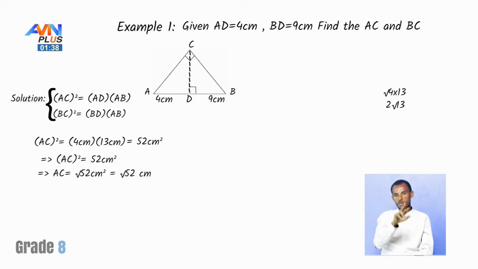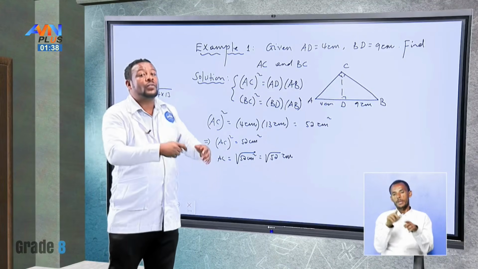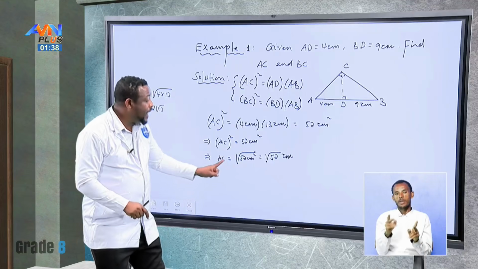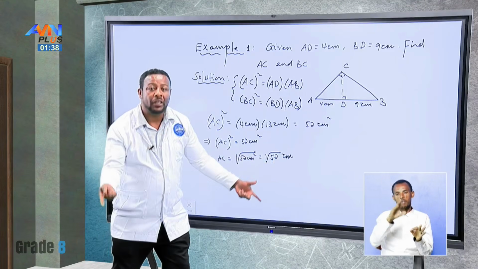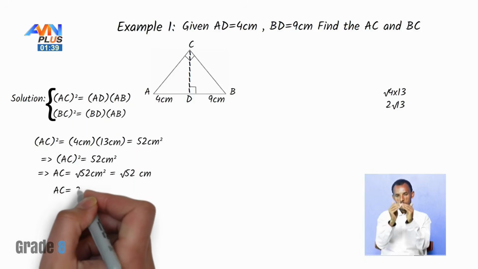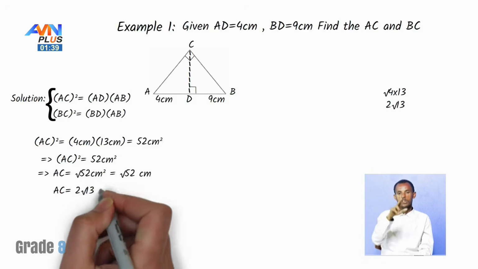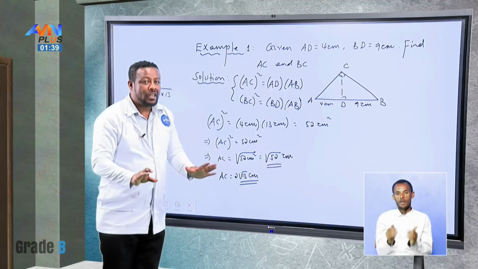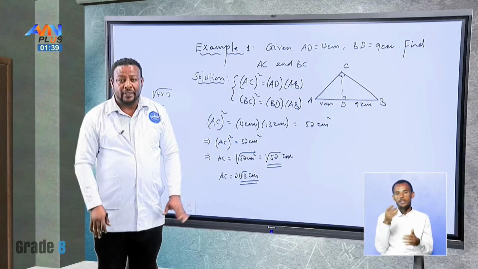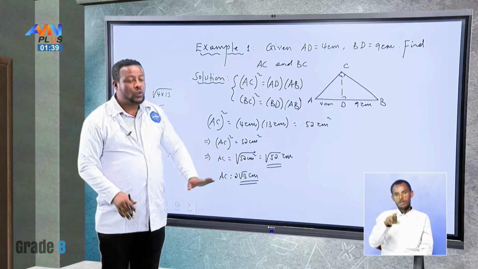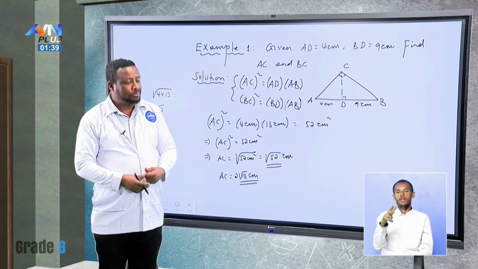Okay, you need to be familiar with different ways of writing a certain number. So it's okay if you put AC is radical 52 centimeter, or AC is 2 root 13 centimeter. Okay, both of these are the same. They are equivalent, and the value of AC is radical 52 centimeter or 2 root 13 centimeter, right?